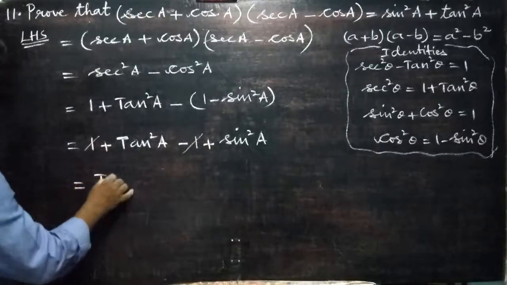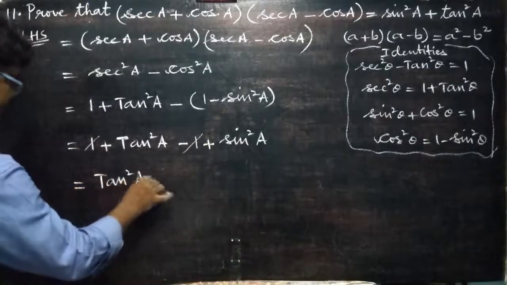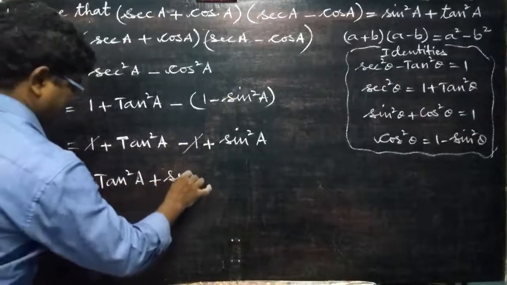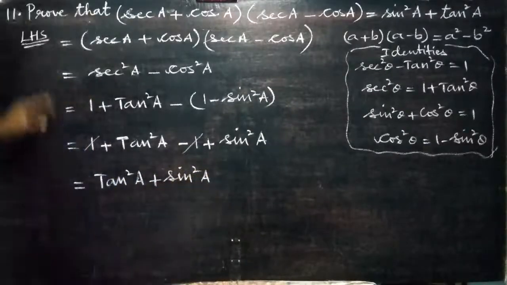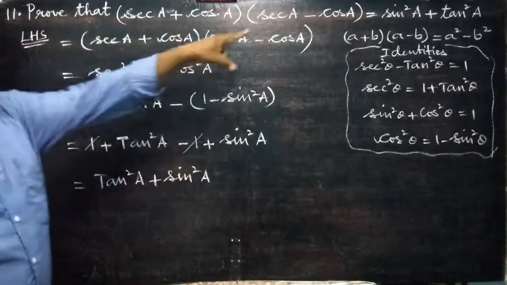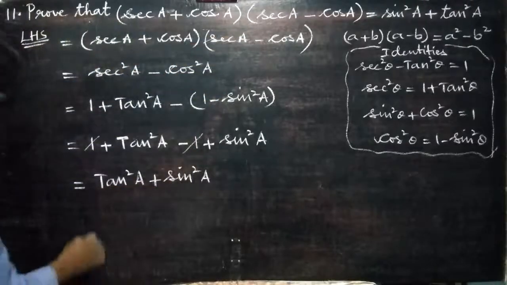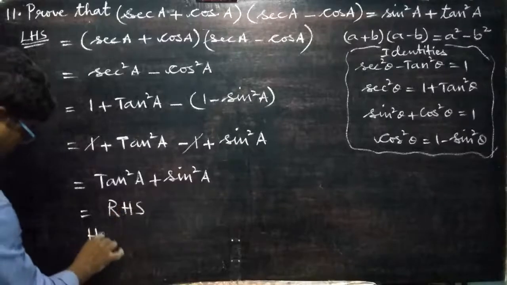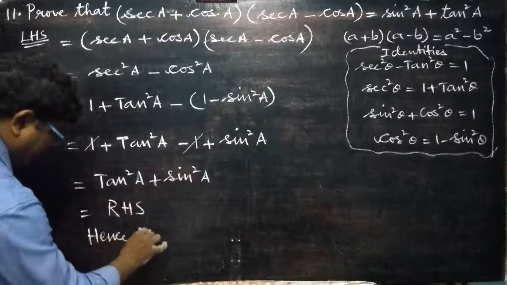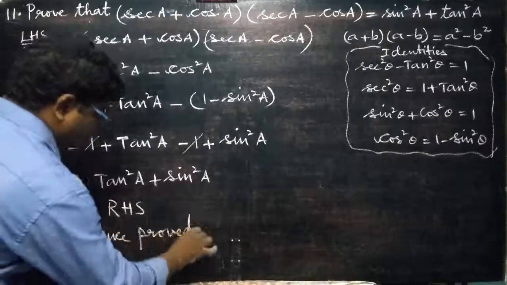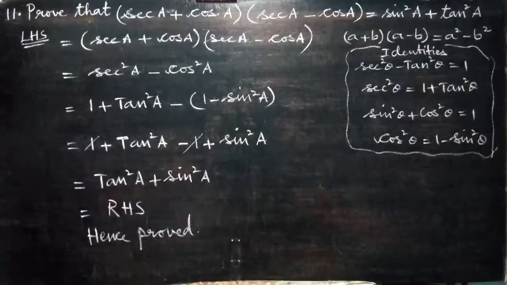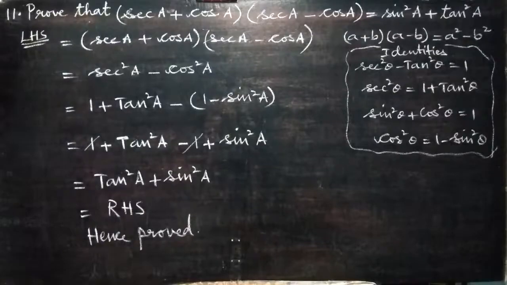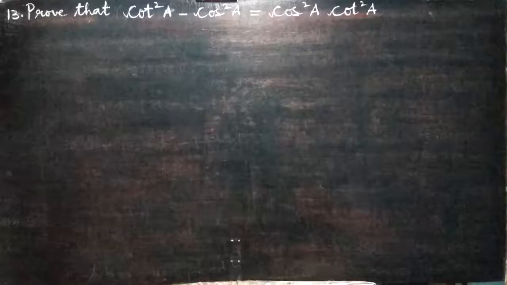That is equal to tan square A plus sin square A. Where we started? LHS we started. Where we reach? RHS we reach. Is equal to RHS. Hence proved. They want to prove that, we proved through identities and algebraic formula. So write those compulsory. Part and parcel of the problem.